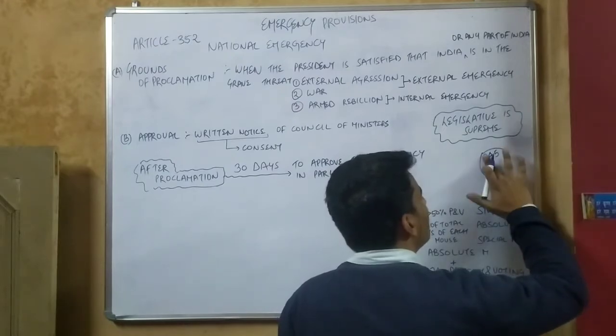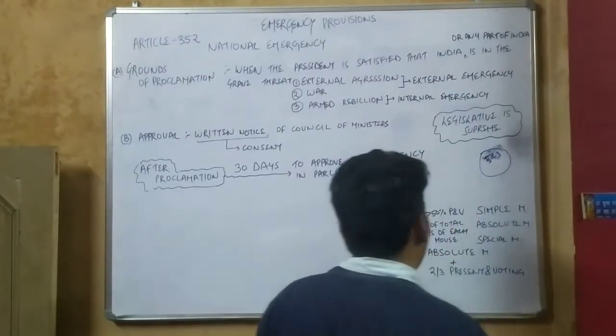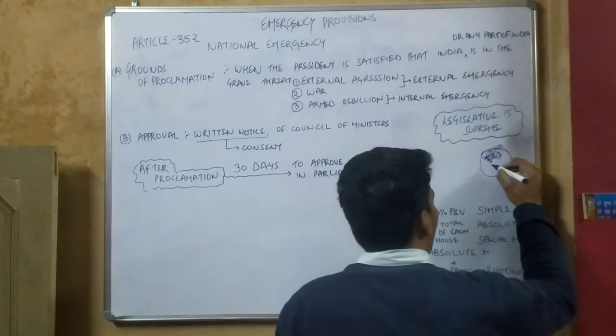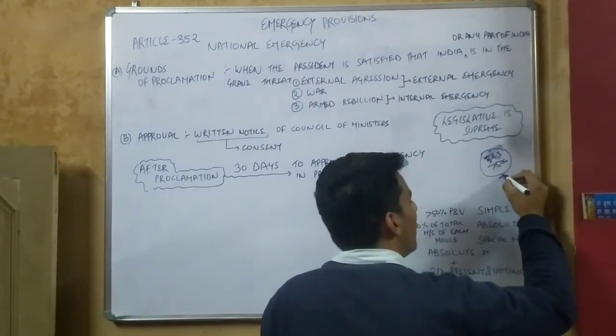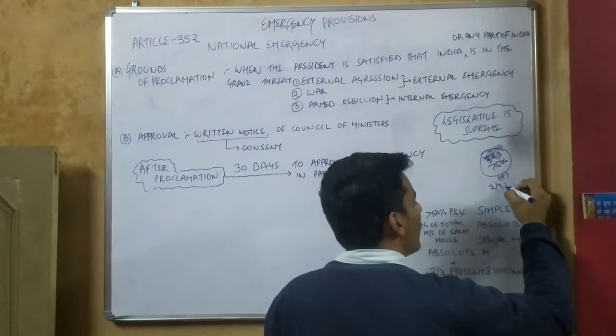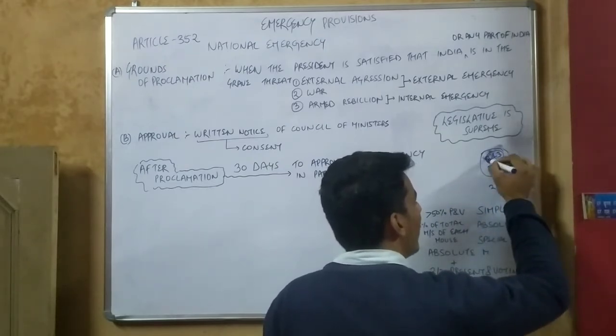I am taking Lok Sabha instead. So we have 543 members right now. That's the total strength. We need more than 50% of it, and plus we require 2/3 present and voting. If there is a total strength of 543, we need an absolute majority of it.